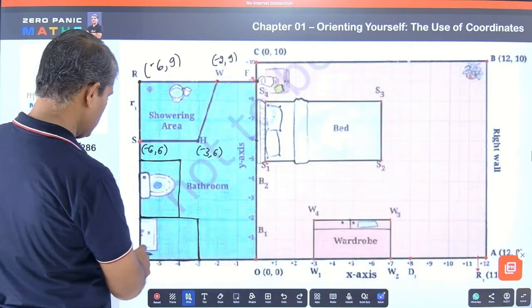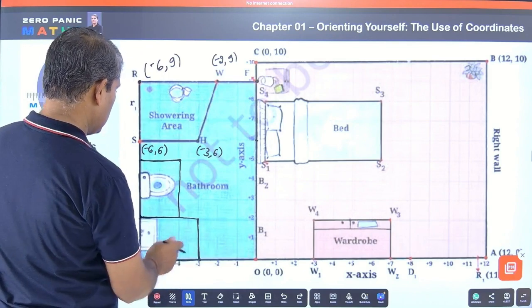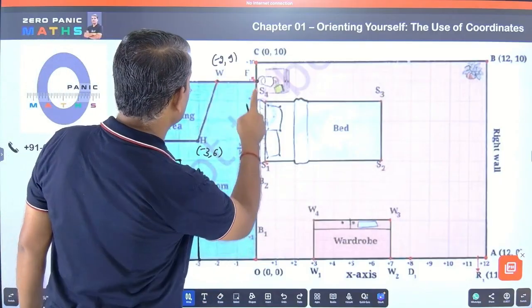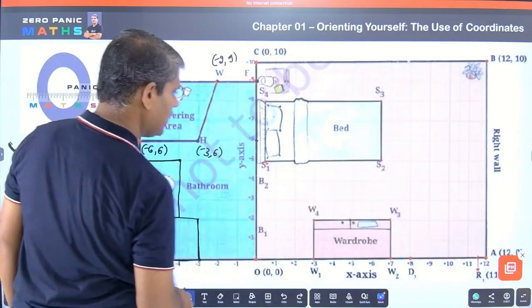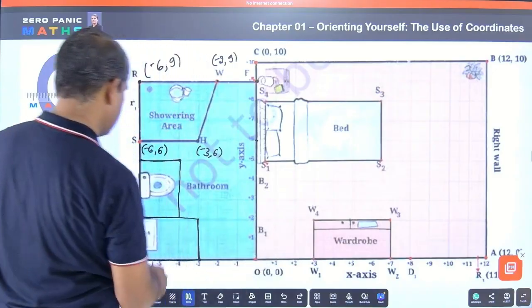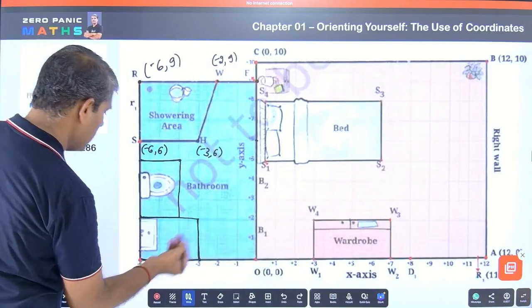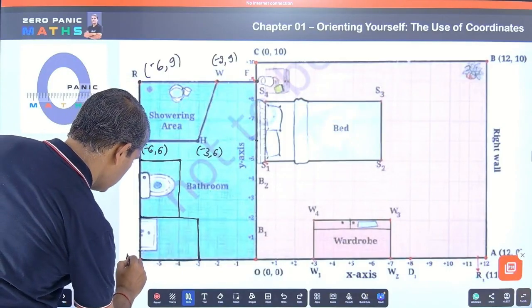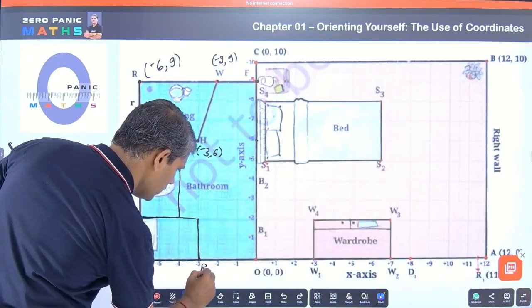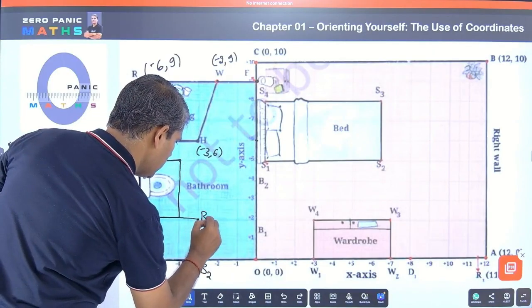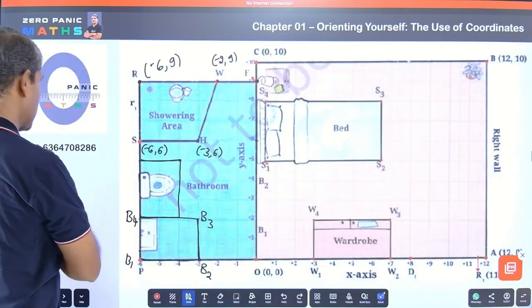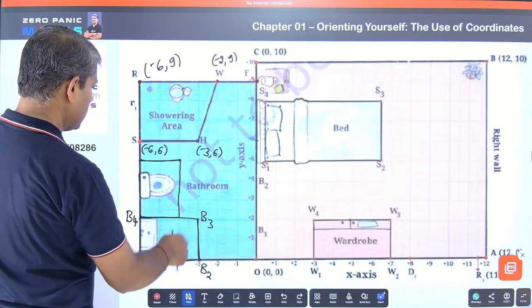We need to find out the four coordinates of this also. Now assume this is the wash basin, which I can call B1, B2, B3 and B4, the four corners of the wash basin area.